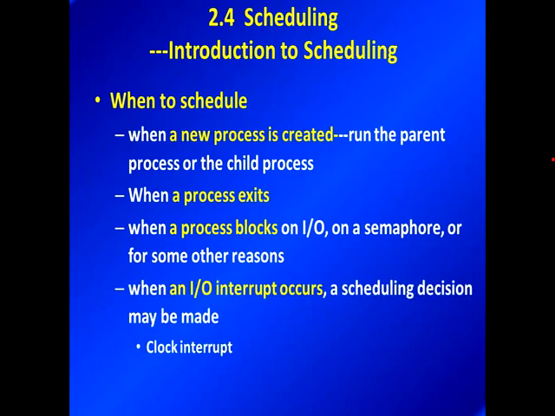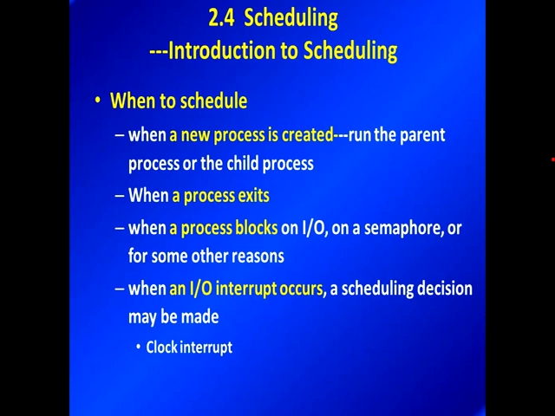And the last case is about the interrupt, the I/O interrupt or the clock interrupt. If there is any interrupt happening in the system, the CPU needs to handle that interrupt, right?